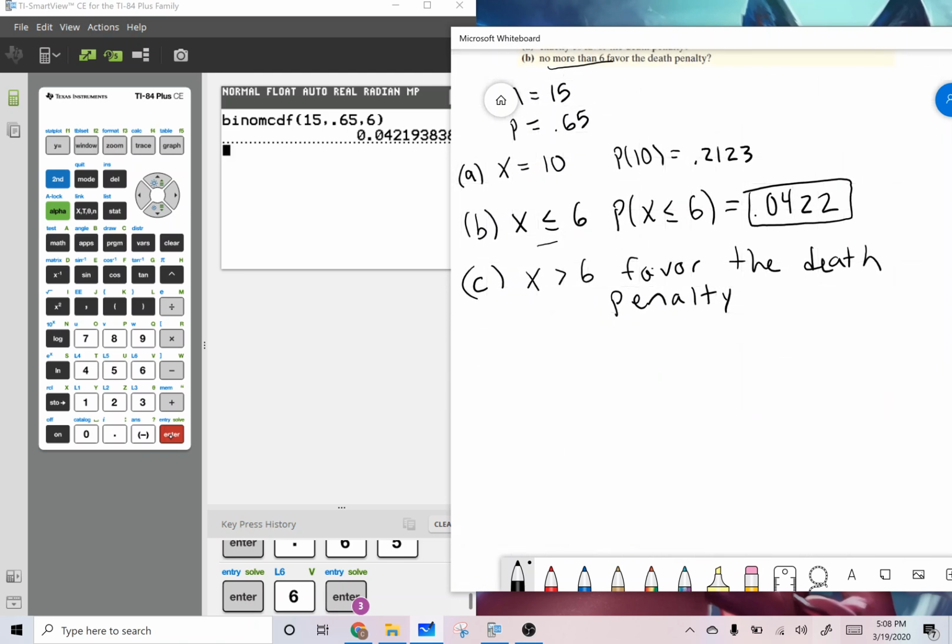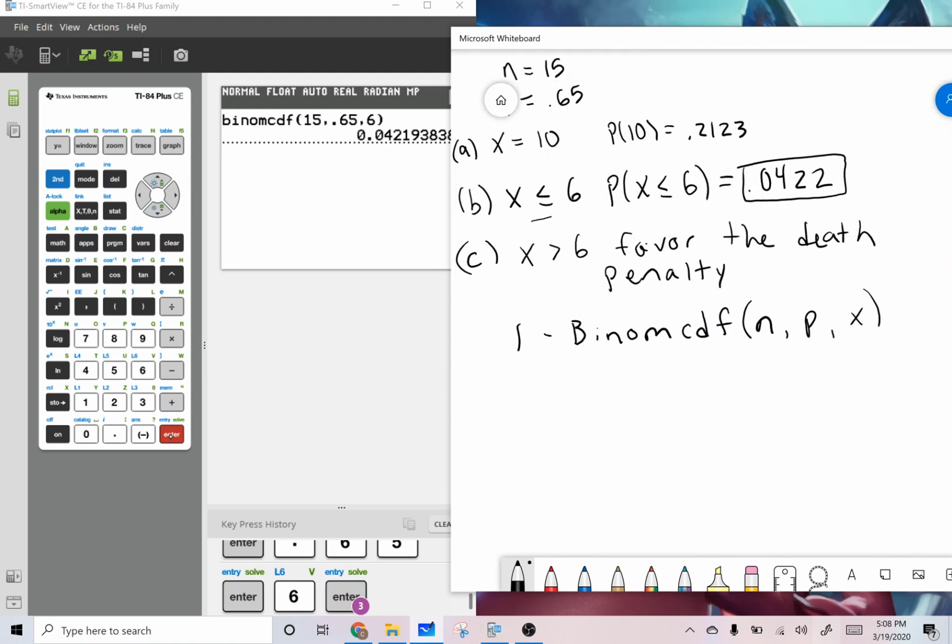We can use the calculator. Remember, if we're going to use a greater than, we need to do 1 minus binom CDF. In this case, it's n, p, x, because greater than 6 is going to be anything 7, 8, 9, 10, 11, 12, 13, 14, or 15. And so we'll be okay if we do that.